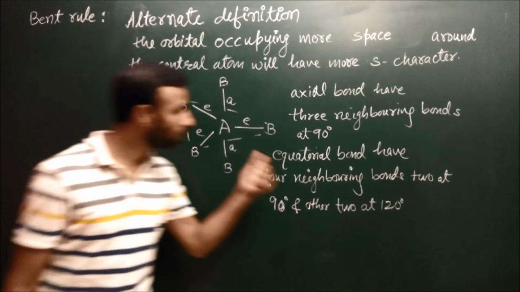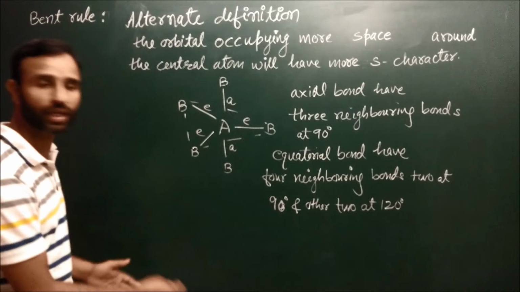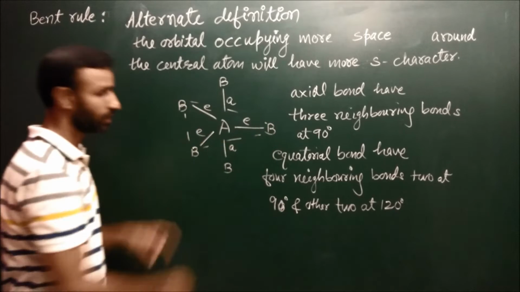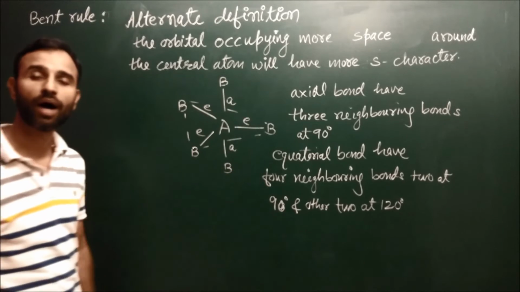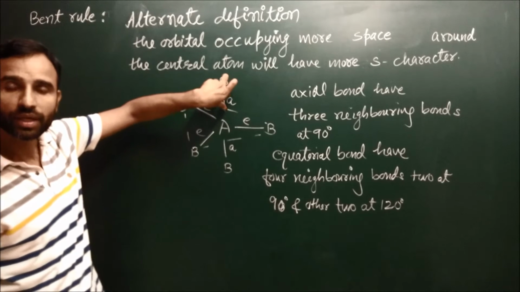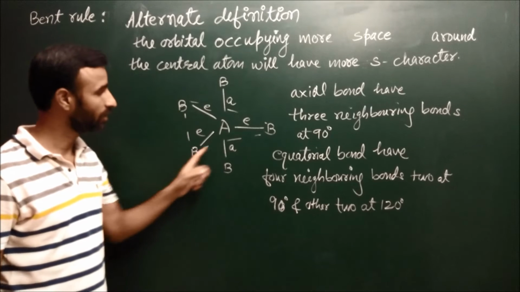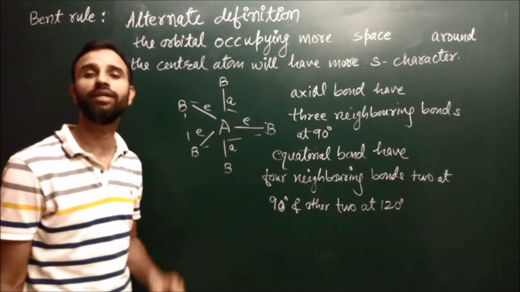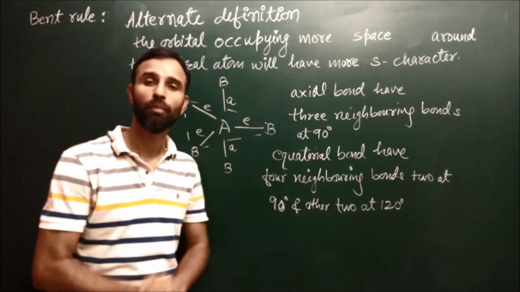That's why equatorial bonds will have more S character, and so is the unequal hybridization. So these equatorial bonds are sp2 hybridized and axial bonds are pd hybridized. That means on axial bond S character is minimum, or we can say no S character, but in equatorial bonds there is 33.3% S character. So this is the alternate definition to Bent's rule.